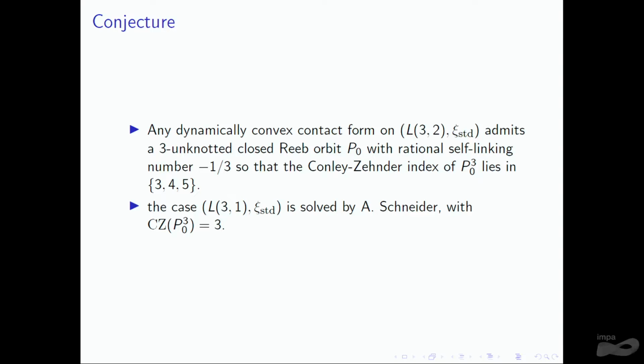In all these theorems, what you obtain is that the orbit has index 3, but in the general case, it seems that this special binding orbit could have index in a certain range, which may depend on p or q on the lens space.